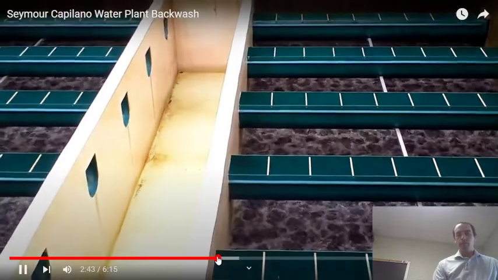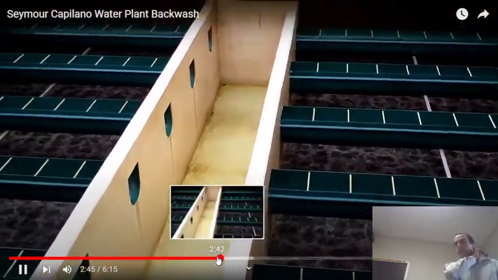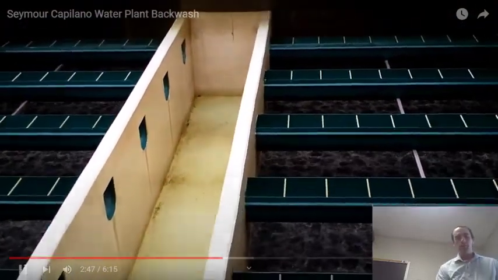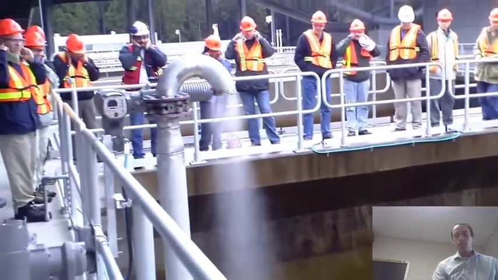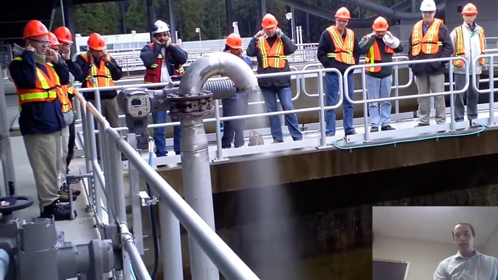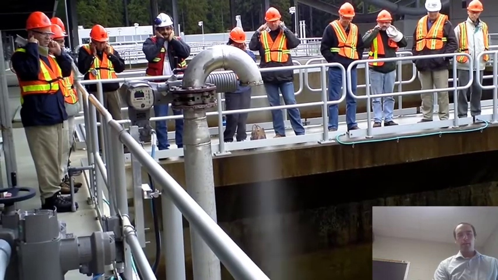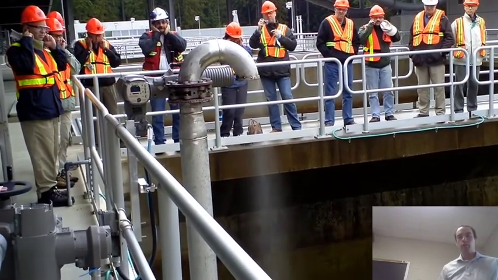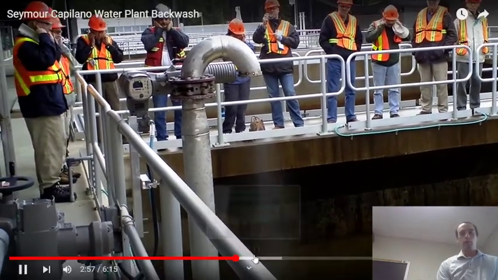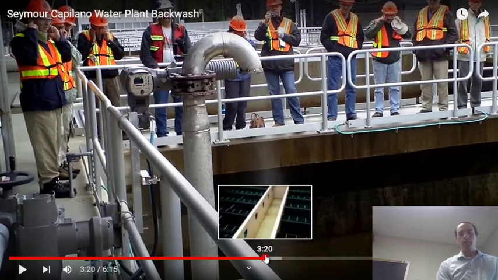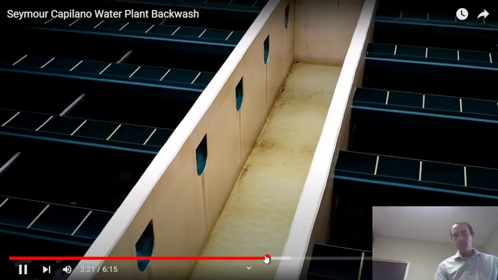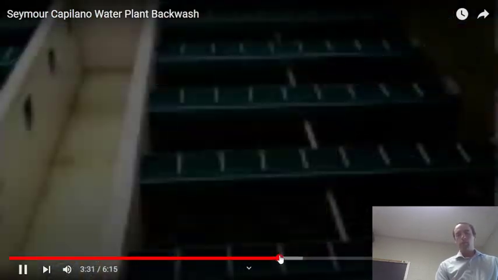Okay, so they're stopping the air now, and then purging the pumps themselves. Priming. Still awful noises.